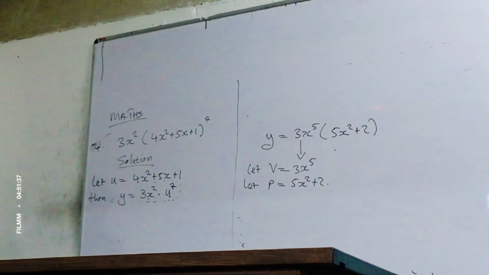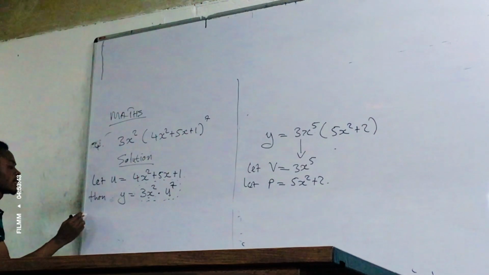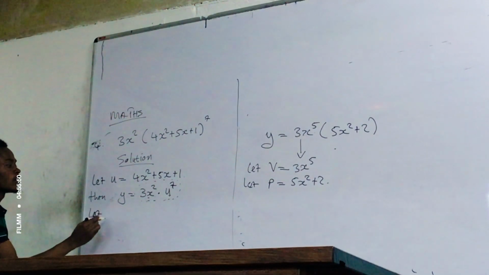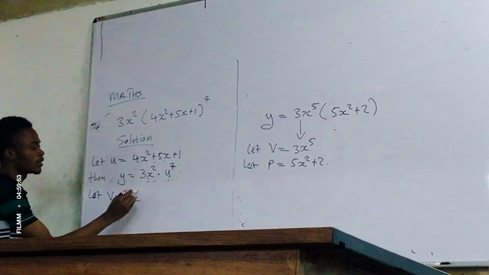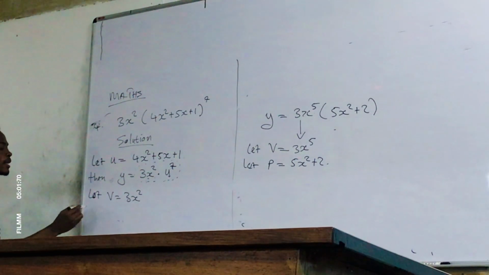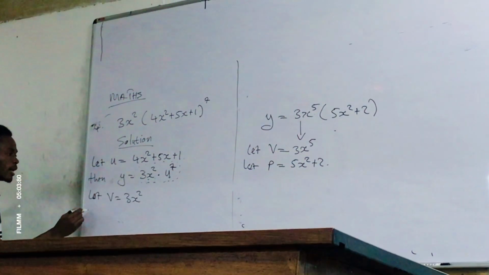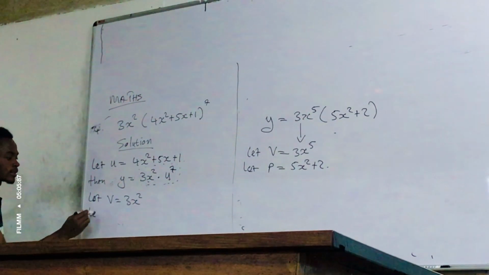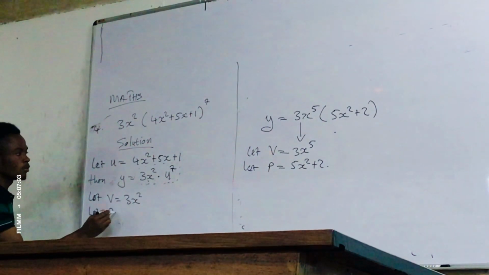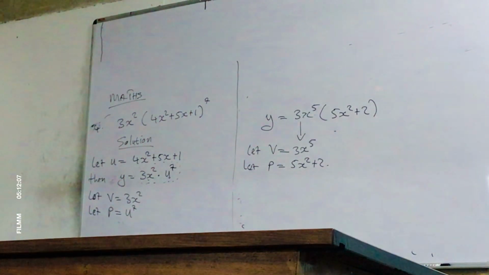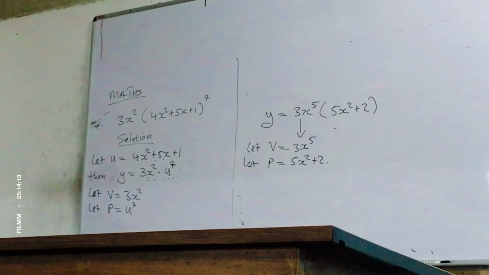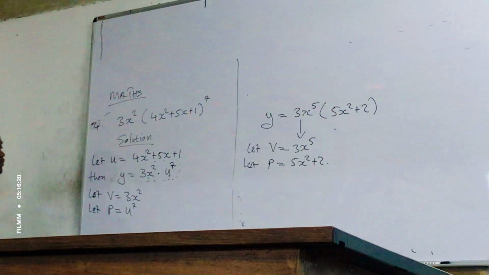So here you can say, after you get that, let v be equal to 3x squared. And then let p be equal to u to the power 7. You have that. What are you going to do next?